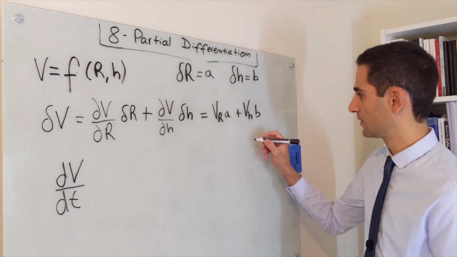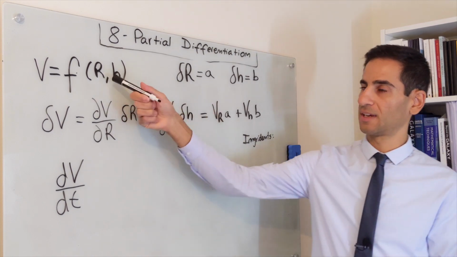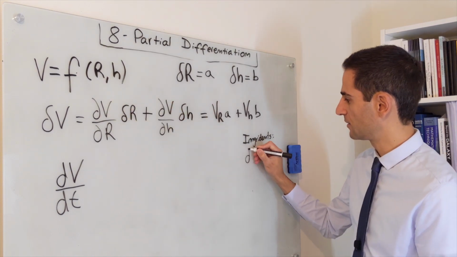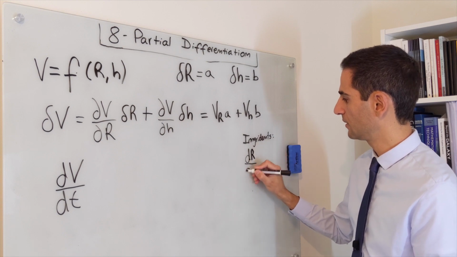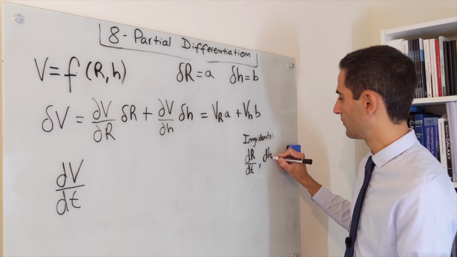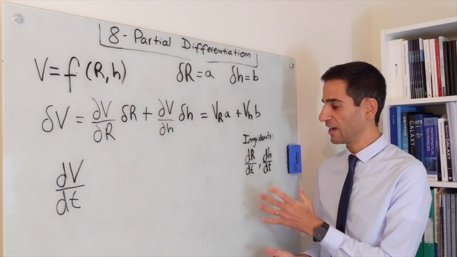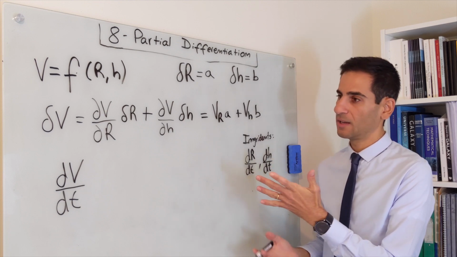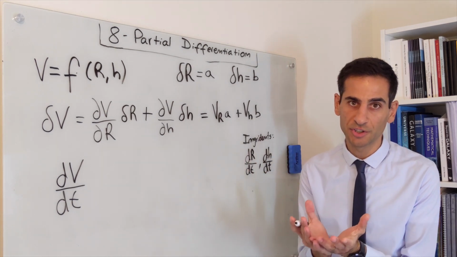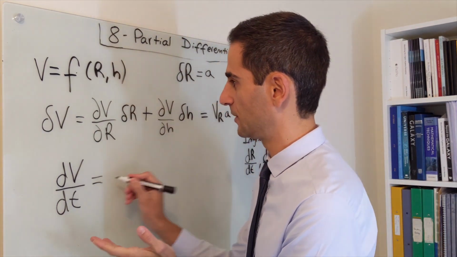Now, provided that as ingredients, you are told, in this case, what is the variation of R in respect to T, and the variation of H in respect to T. In other words, the rates of change in terms of time. You can calculate the total change of the volume in respect to time by a very similar process.